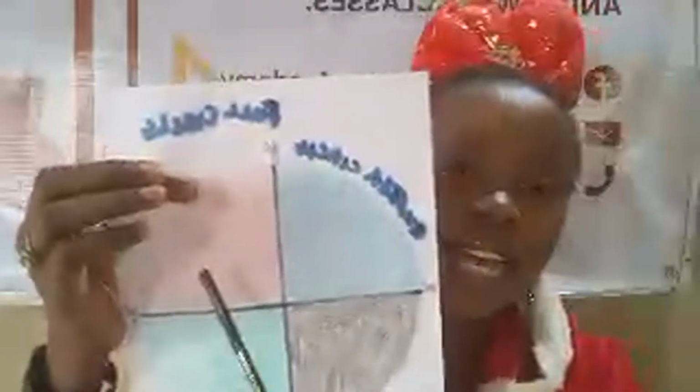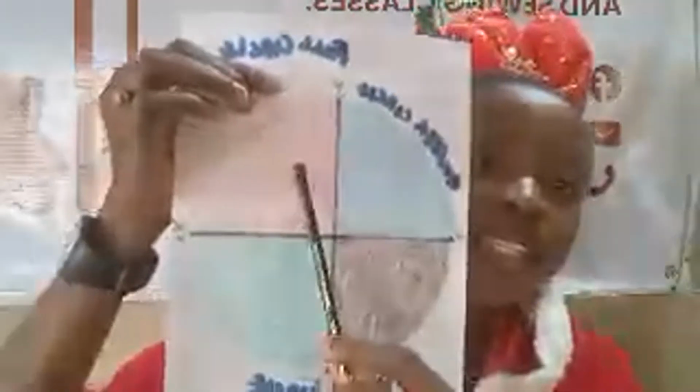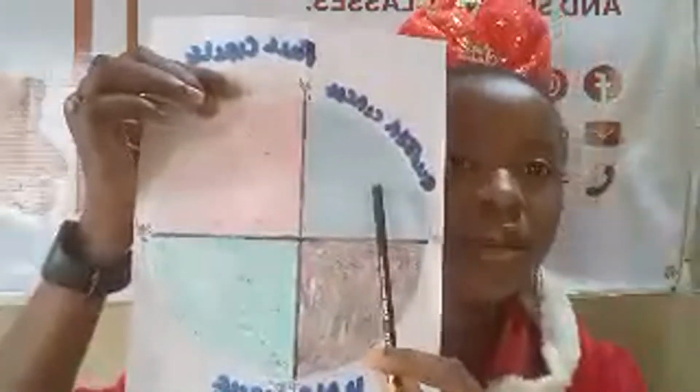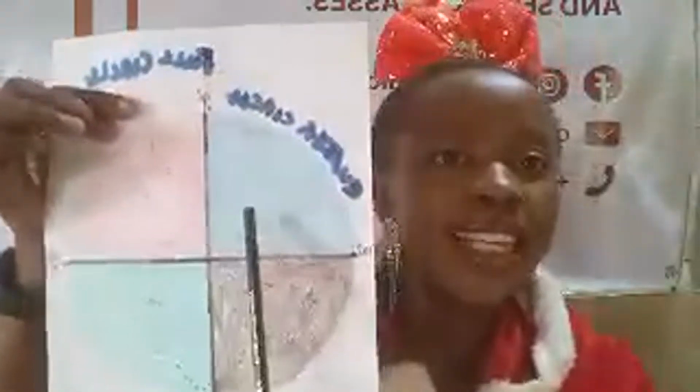So for a circle now, we have the quarter circle, which is 90 degrees, just like it's shown on this image. Then we have 180 degrees, which is half of a circle, that is 90 plus 90.